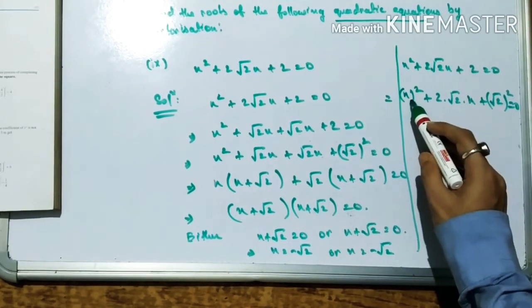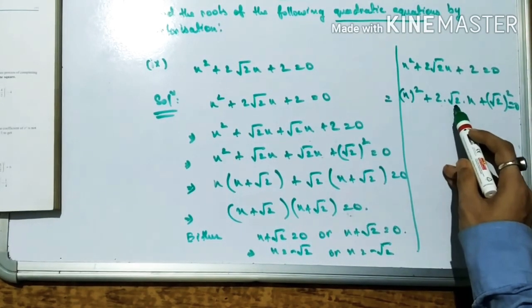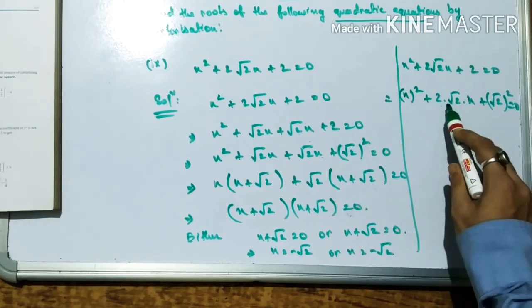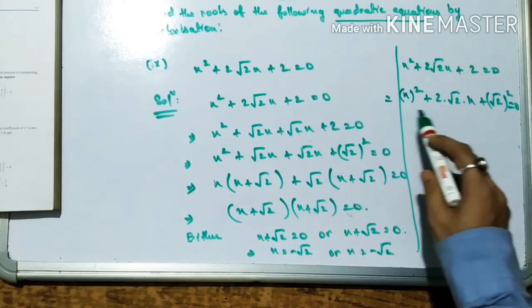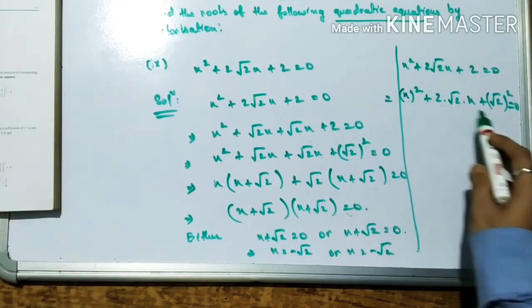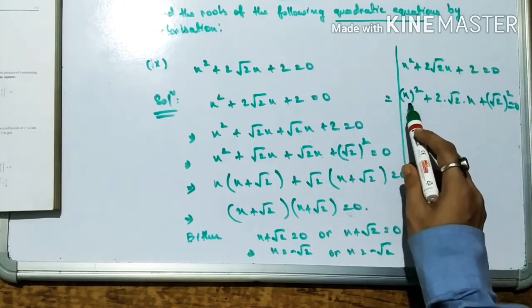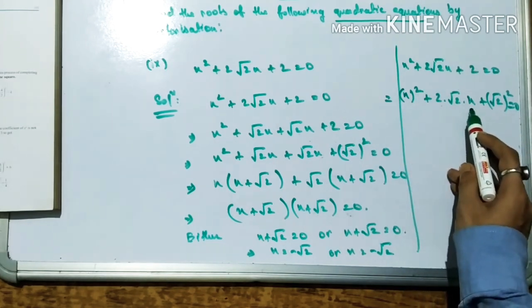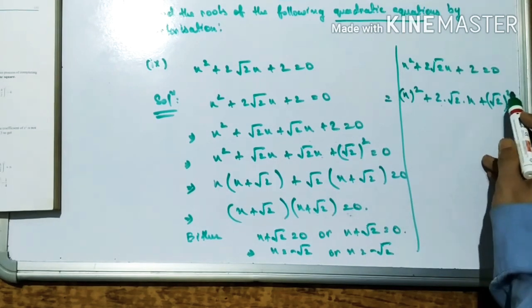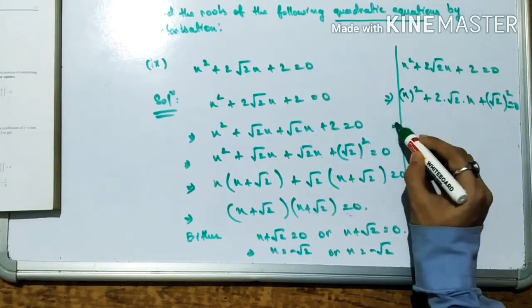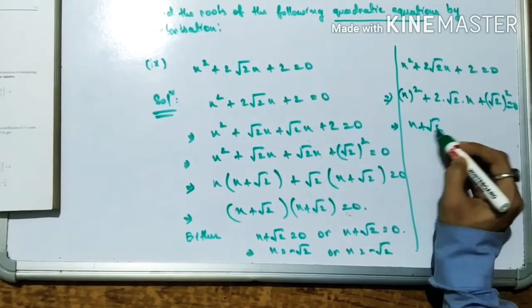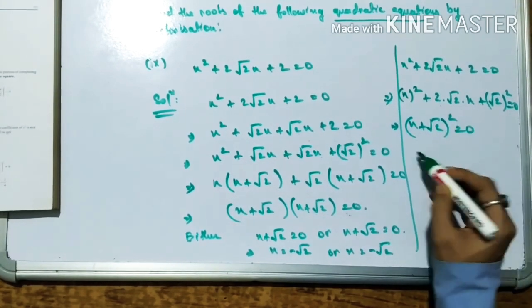Understand? So now this is what? A square plus twice root 2x plus B square. This is, A is x here and B is root 2 here. So A square plus twice AB plus B square, this one I can write as x plus root 2 the whole square is equals to 0.